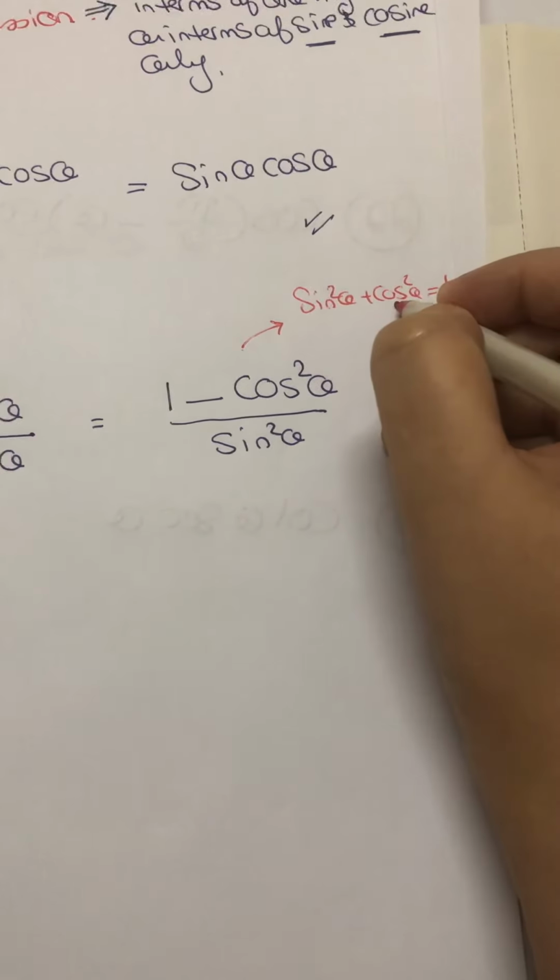Okay, question number 7 gave me, I can see here something I can deal with, and here something I can deal with, right? So I'm gonna rewrite it as cosine theta times 1 over sine theta divided by sine theta over cosine theta.